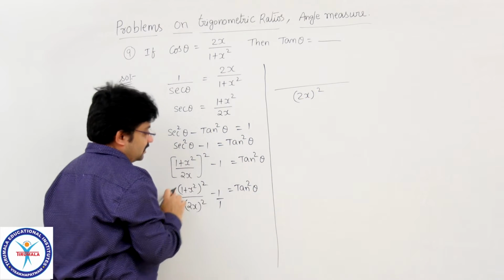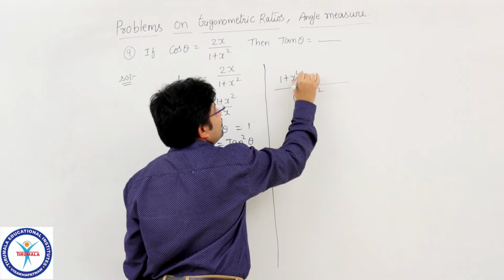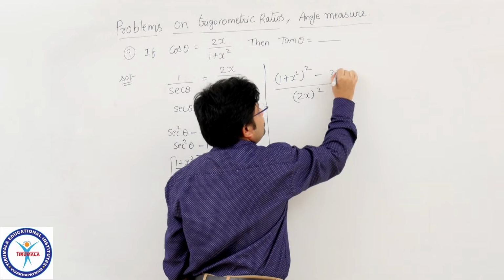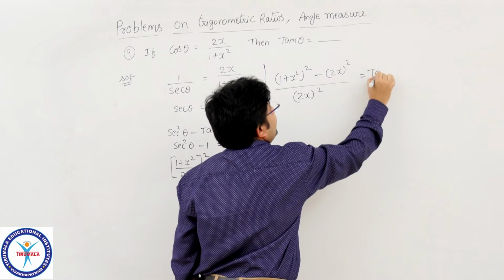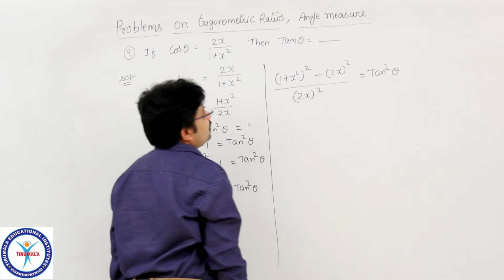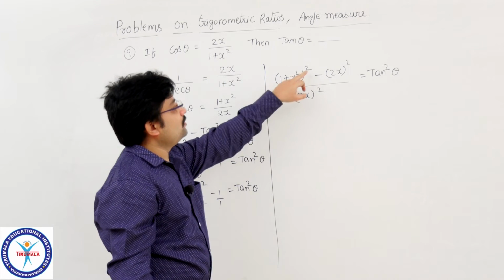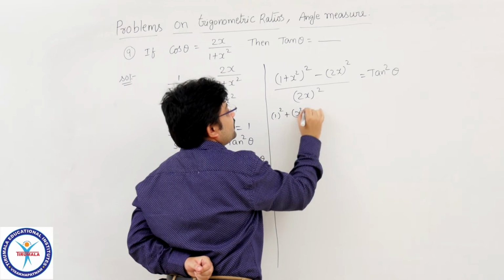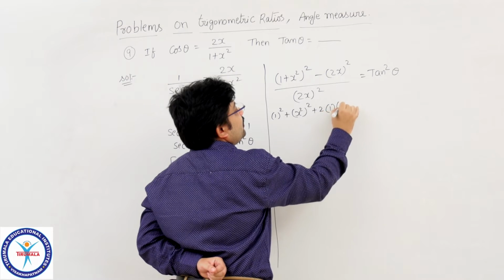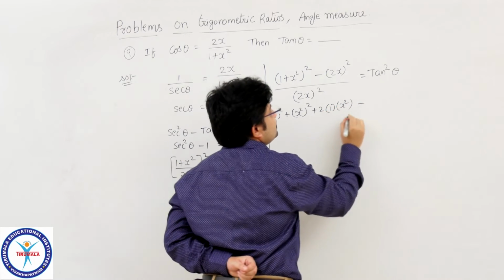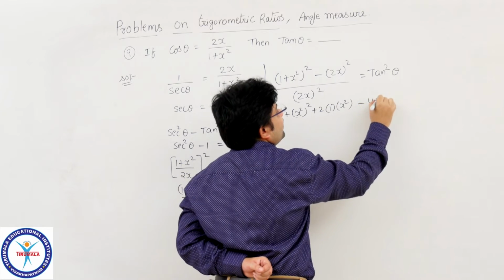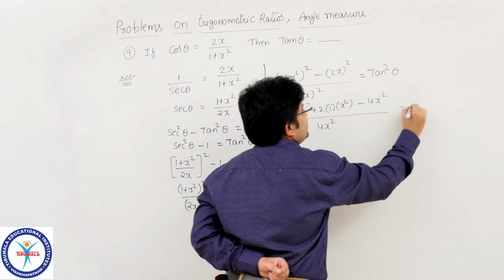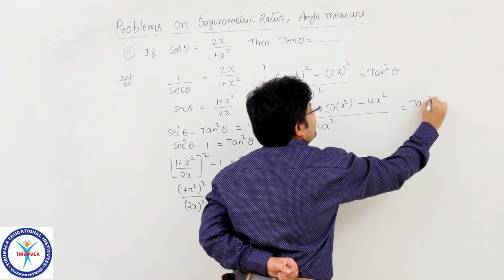Then you will get 1 plus x square whole square minus 2x whole square is equal to tan square theta. Now, expand it in the form of a plus b whole square. So, it will be a square plus b square plus 2 into a into b, minus 2x whole square, that is 4x square, is equal to tan square theta.